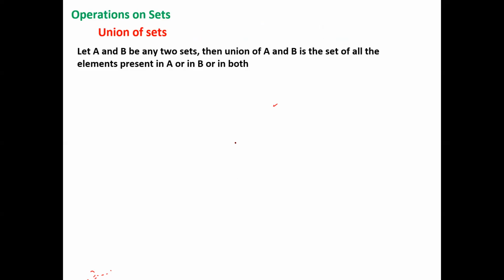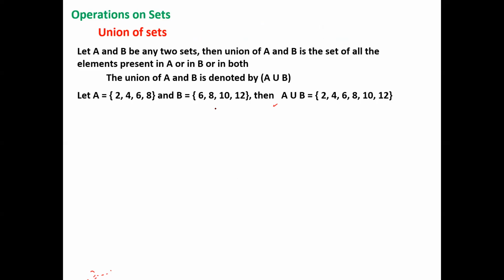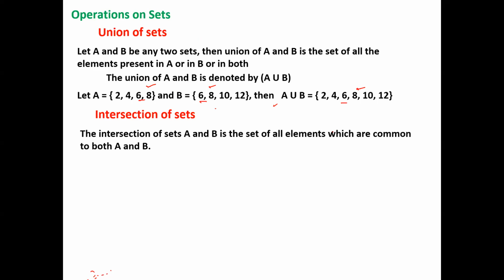We have union, intersection. This is an example. I write all the elements in A and B, but we don't repeat the numbers. For example, 8 is there in both the sets, we write it only once. 6 is there in both the sets, we write it only once. The intersection of A and B is denoted by A intersection B.